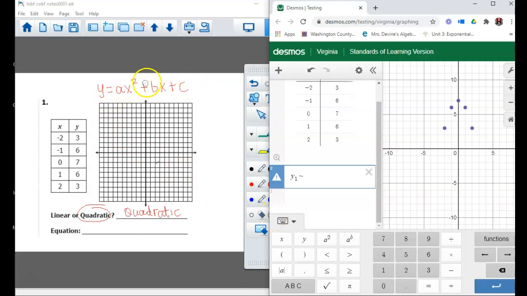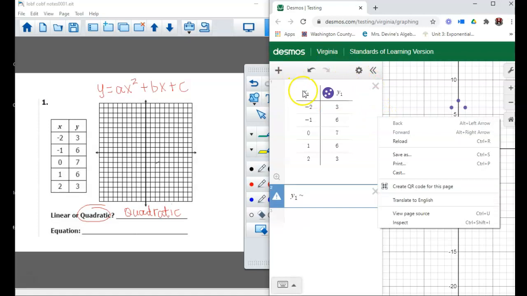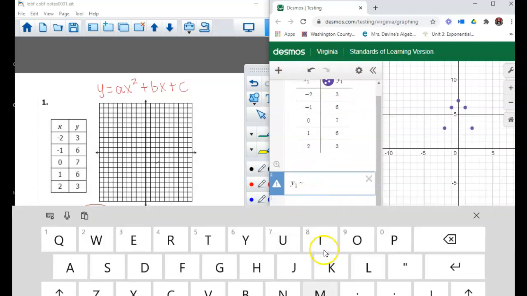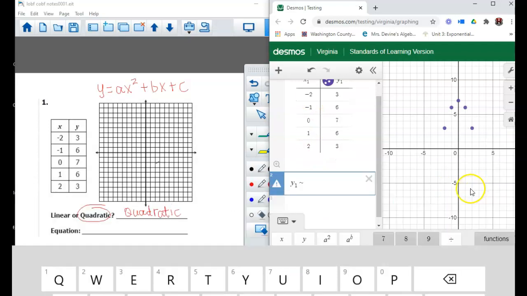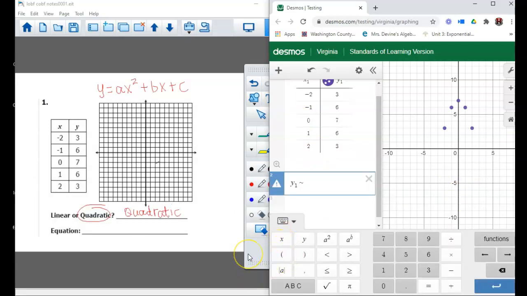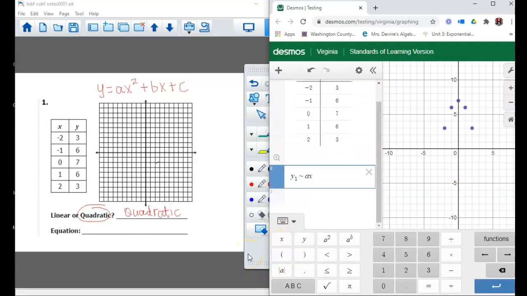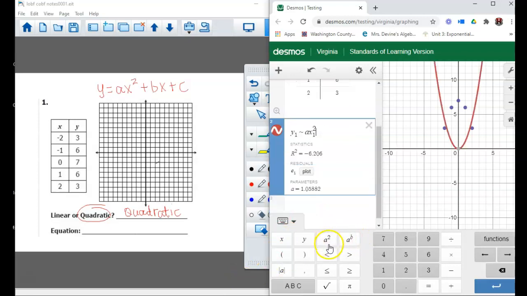Now, I'm going to type in this ax squared plus bx plus c. But notice that my x's are going to have to be x1s. So I'm going to type in ax1, and then I'm going to hit this a squared button.